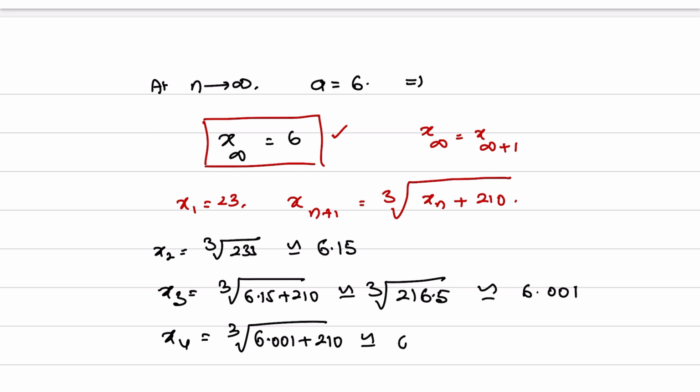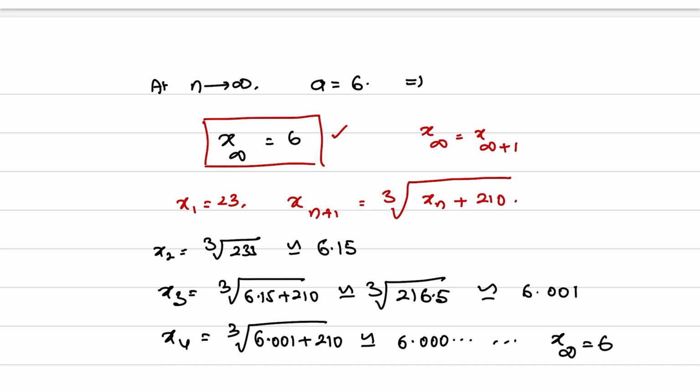That is approximately equal to 6.000. That means after x4, the value of xn is converging to a fixed value, as x infinity is equal to 6.